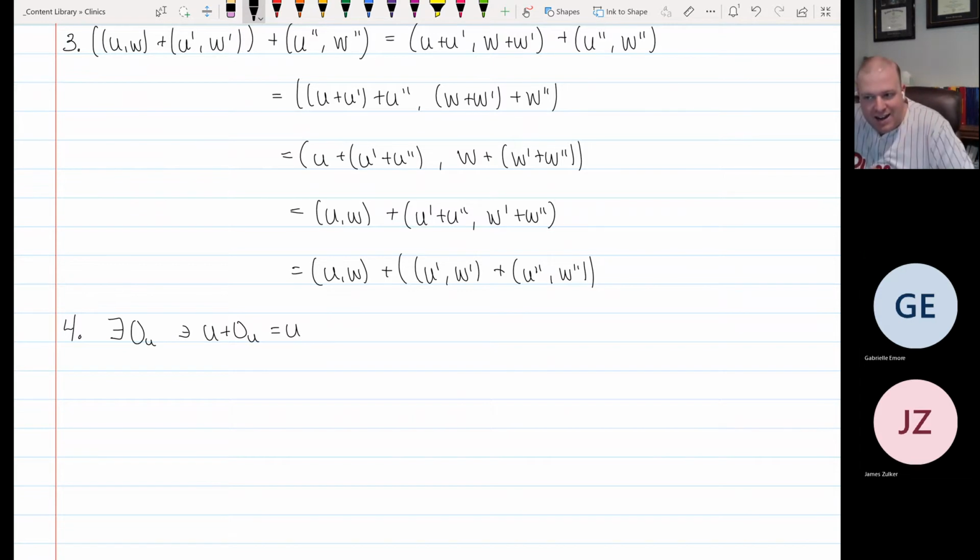So U has to have an additive identity. Likewise, there has to exist an additive identity in W, right? Because W is a vector space.